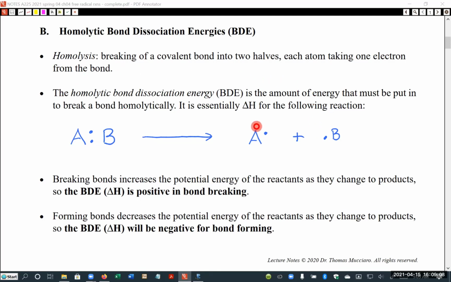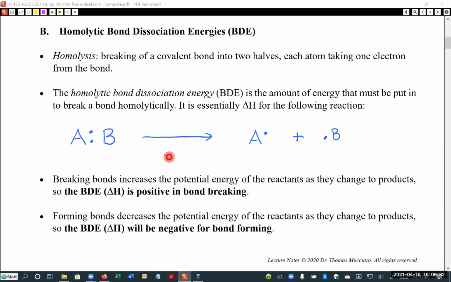And there are ways to measure this. And these then are called the bond dissociation energy, because it's basically the bond just dissociating or separating apart. The bond dissociation energy is often abbreviated BDE.